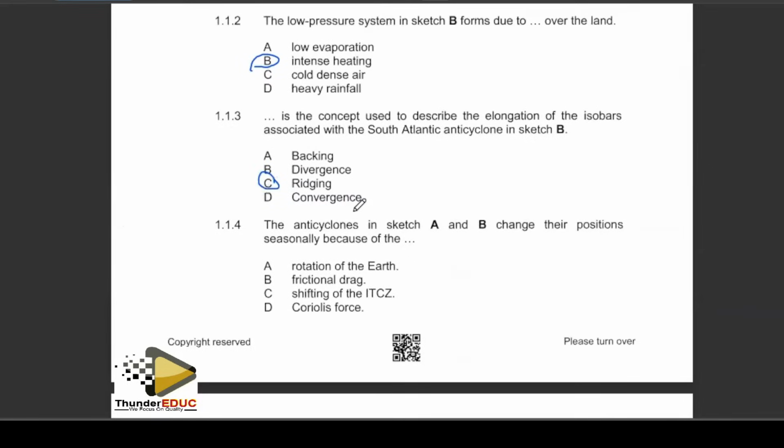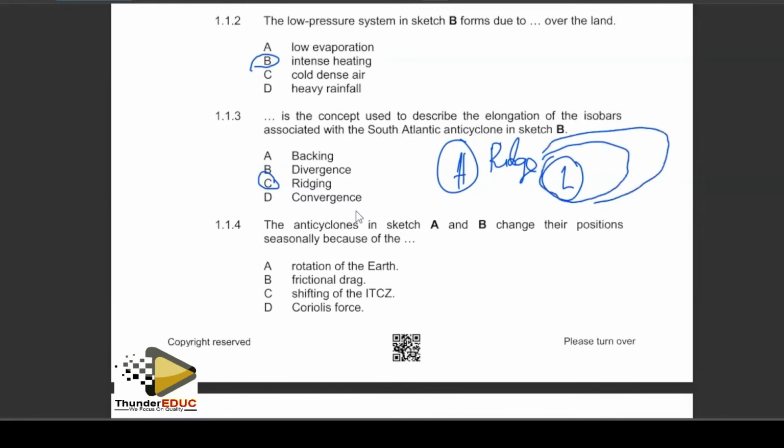If it was a low pressure cell and there's an elongation, that would have been a trough. So you must always know the difference there. When it's a high pressure cell, it's a ridge. And when you have a low pressure cell and there's an elongation, maybe the isobars are going like that. They are going like that away from the center is here, but the isobars are elongating in that direction.